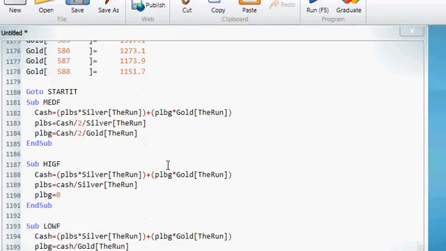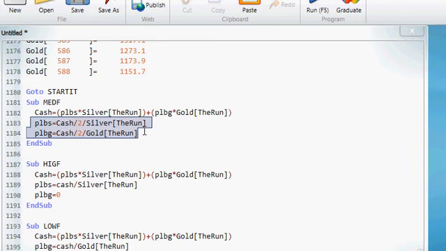If it's going to the medium position, then what it has to do is liquidate all of its holdings, 50-50 gold and silver, which means it's going to sell a little bit of one for the other. So what I've done in here is figure the mathematical value in cash at the time of the silver and gold, and then put half of it into gold, half of it into silver.